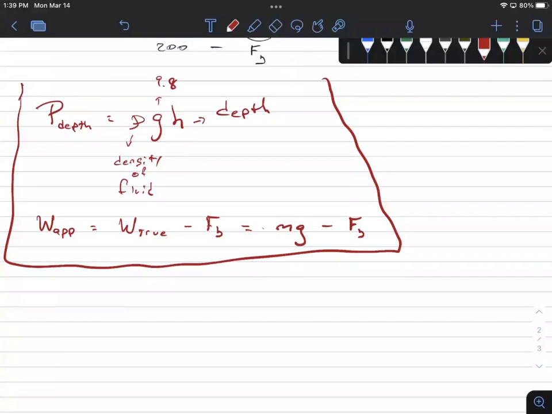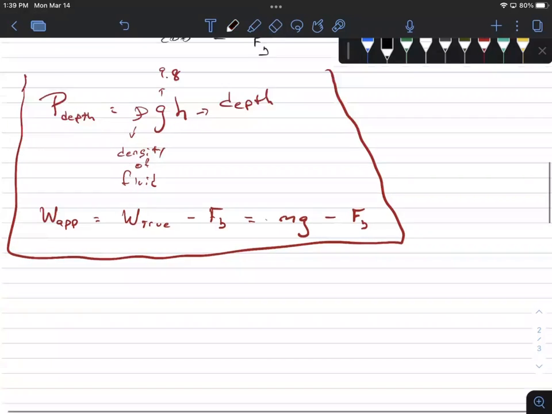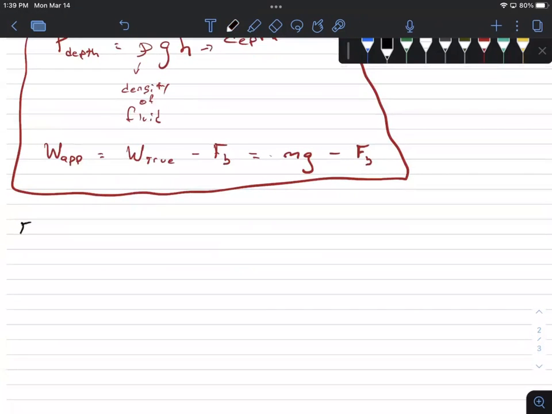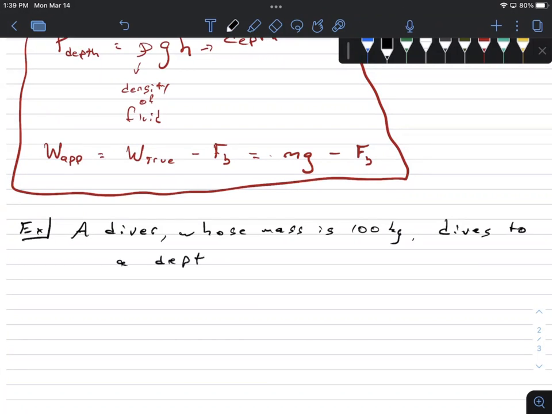But before I get to those, of course, we want to make sure we understand these. So as an example, how would we use these? Here's a question. A diver whose mass is 100 kilograms dives to a depth of 200 meters.